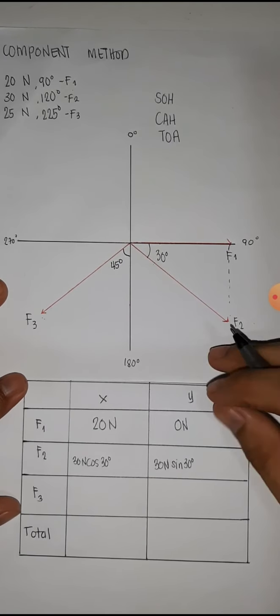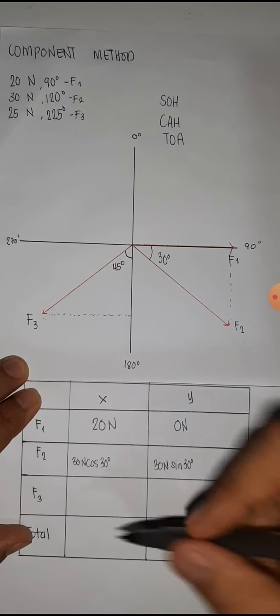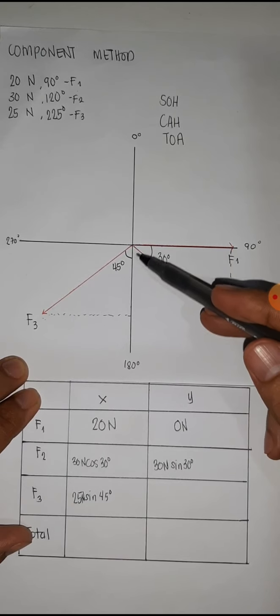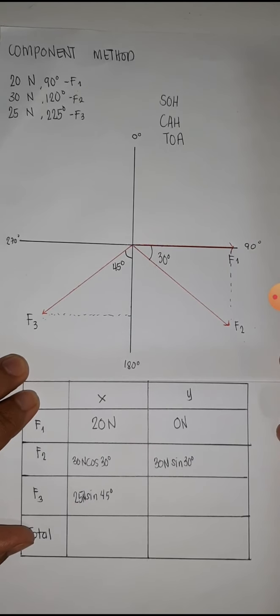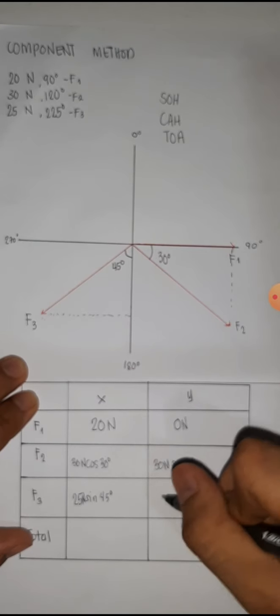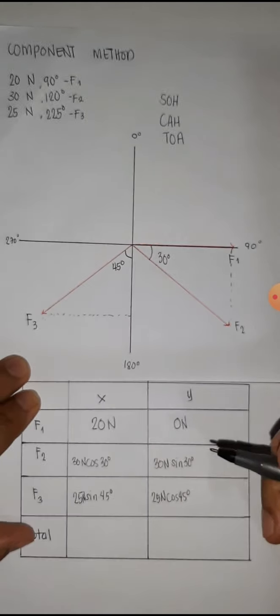Since it is opposite, for your x component we'll be using sine 45 degrees, and the magnitude is 25 Newton. So x is your opposite, and obviously your y is your adjacent, so we'll be using cosine 45 multiplied by 25 Newton.